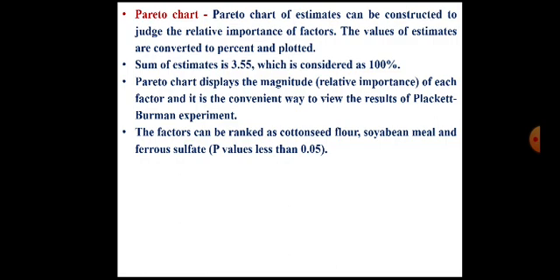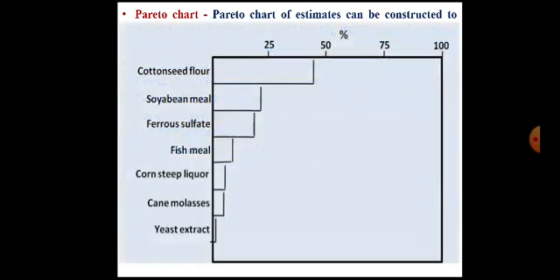So this is how the factors can be ranked, in this example, as cottonseed flour, soybean meal, and ferrous sulfate. You will see that the P value for all these three is less than 0.05. This is how, for cottonseed flour, 3.55 corresponds to 100%, then 1.55 corresponds to how much?